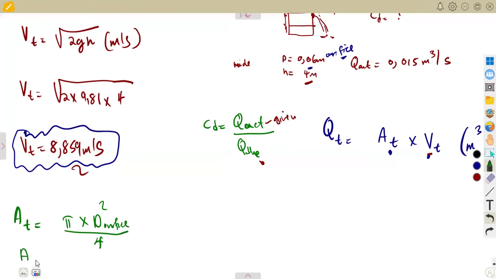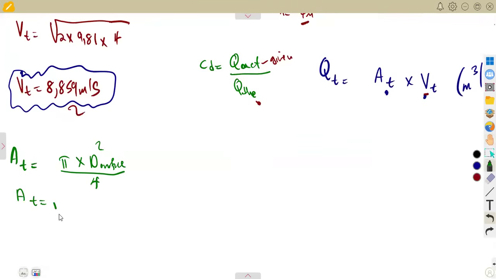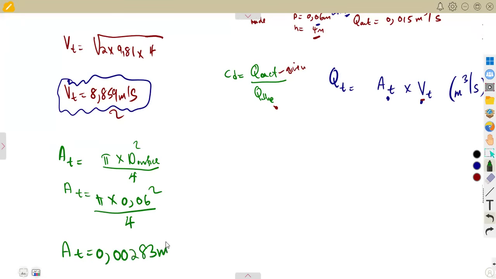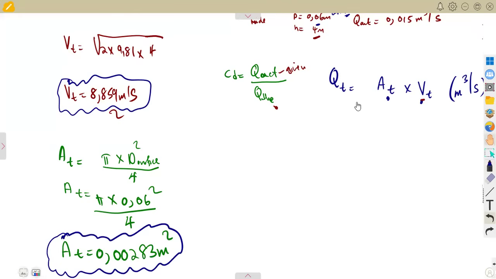So you use the diameter of the orifice. For the actual area, you use the diameter of the vena contracta. So this is pi times d of the orifice. Remember, our diameter was given there as 0.06. So it's 0.06 squared over 4. This gives us the theoretical area of something like 0.00283 square meters.